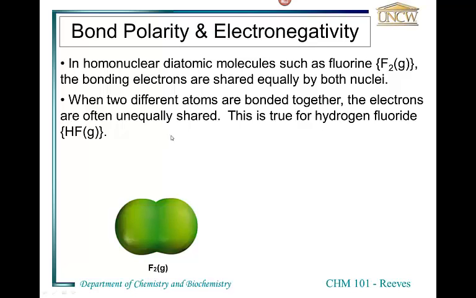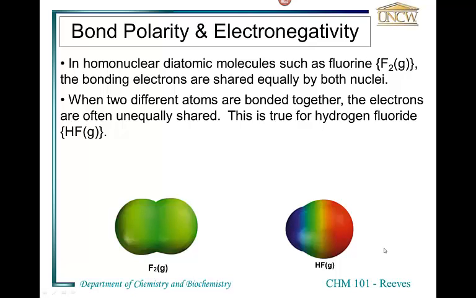So, for example, when hydrogen attaches to fluorine in the gas hydrogen fluoride, you get a very different electronic map, showing in the red that the lion's share of the electron density exists on the fluorine atom, and the bright blue on the other end indicates that very little of the electron density associated with that shared pair of electrons exists on the hydrogen end.